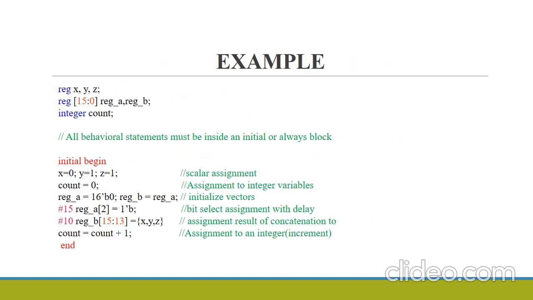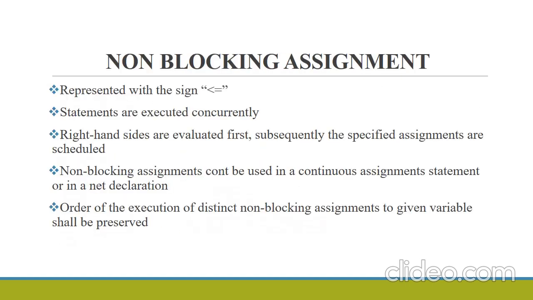Non-blocking assignment uses the equal to symbol, but before that the lesser than symbol is used, which is symbolized as non-blocking assignment. The statements are concurrent in nature. The right hand sides are evaluated first, and subsequently the specified assignments are scheduled.